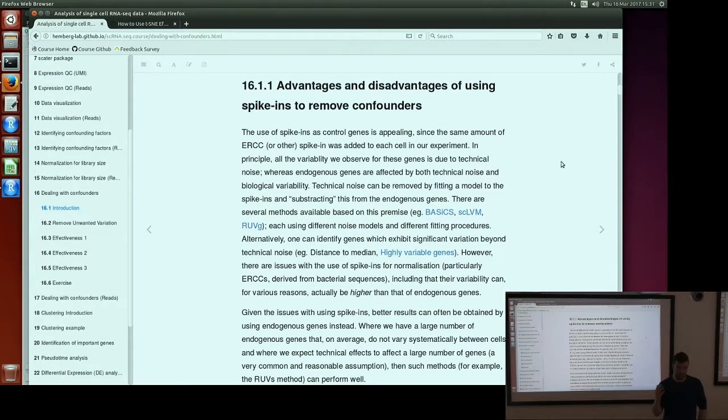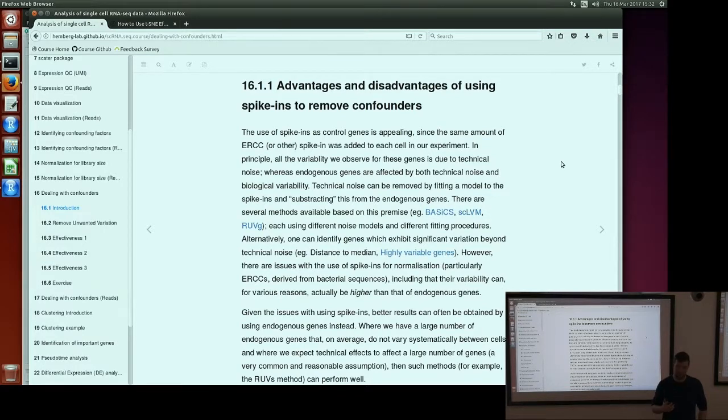In principle, all of the variability that we observe for these spike-in genes should be technical noise, because there should be no difference in input for these control genes. So, in principle at least, we should be able to quantify and possibly remove technical noise by fitting a model to the spike-ins, and in a loose sense, subtracting this technical noise from the expression levels of the endogenous genes. There are several methods available that use this basic idea.